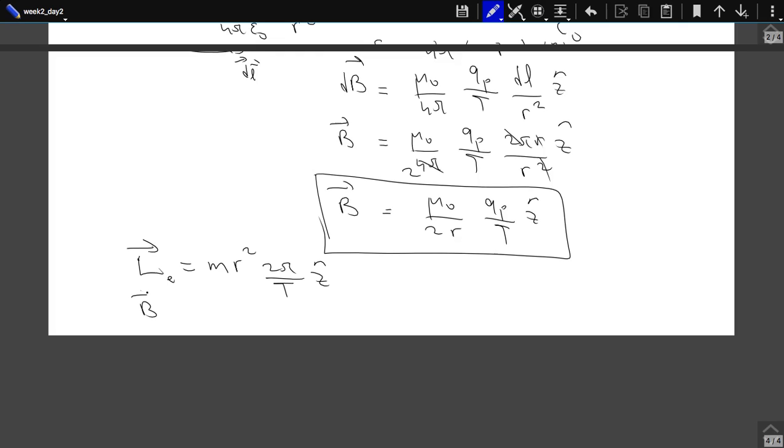And so we see that the magnetic field created by the proton is in the same direction as the angular momentum of the electron. So we can just write them in terms of each other. So this will be equal to mu 0 over 2r cubed, q proton L, times 1 over 2 pi m r squared.